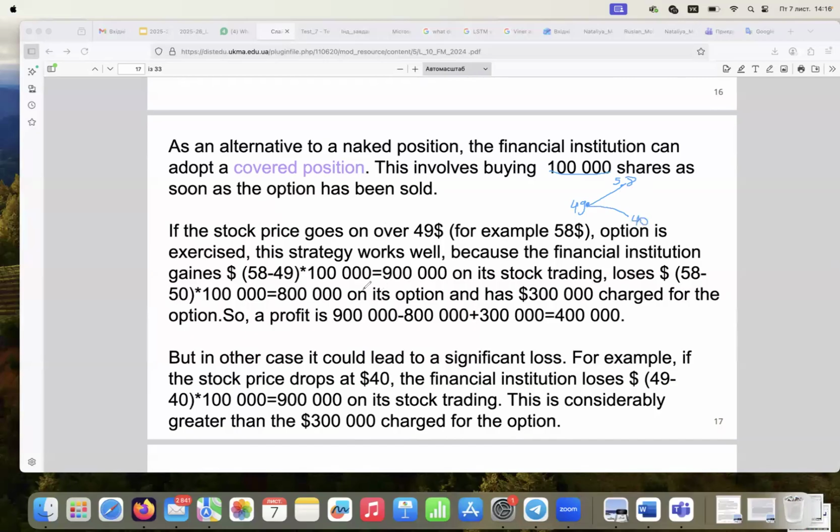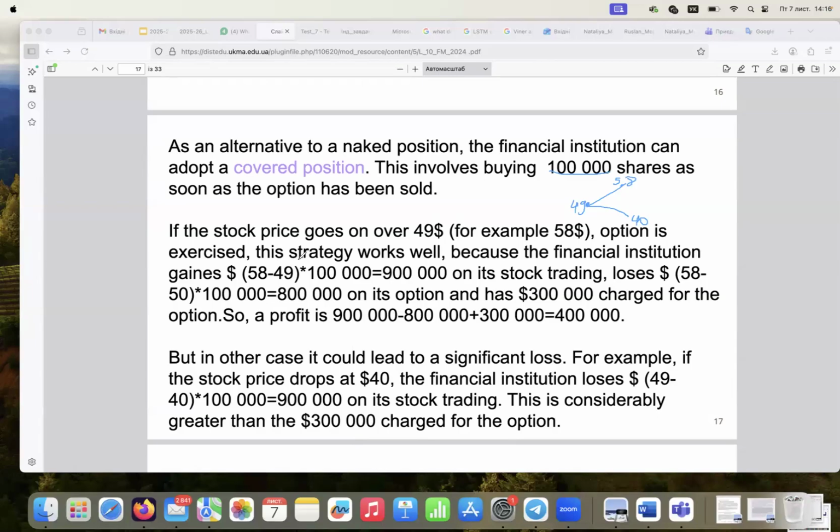Now we have not only the option but also stocks, and we need to consider our profit on stocks and on the call option. If the stock price goes over 49, for example 58, the option is exercised, like in the previous example.